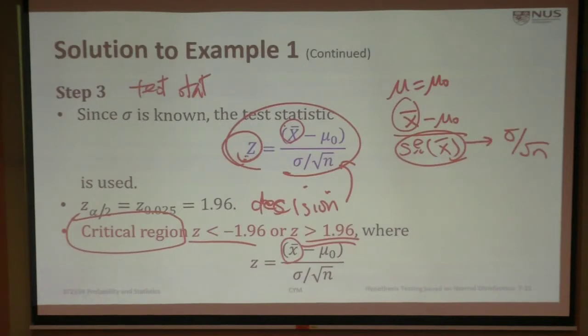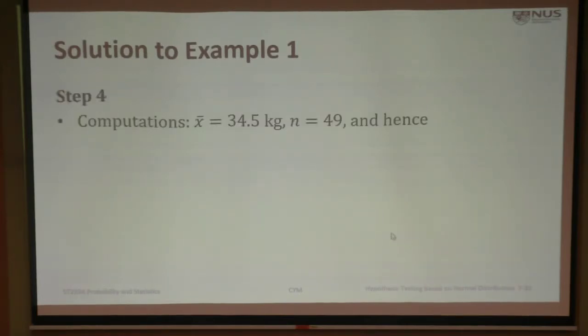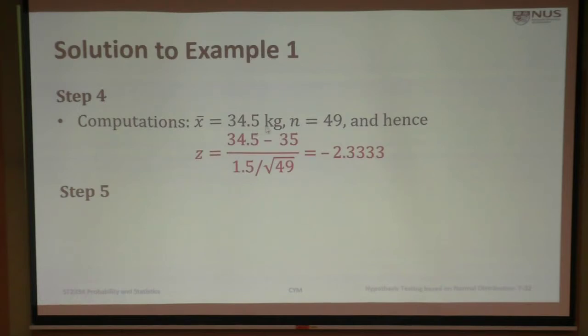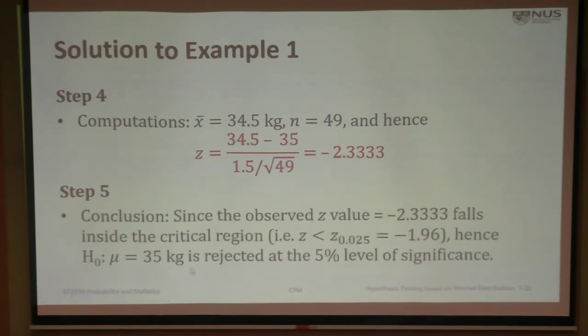Now I have the sample, I look at each value in the sample and calculate x bar, then check this Z. Step 4 is to do the calculations. With x bar equal to 34.5 and n equal to 49, I calculate that Z equals minus 2.33. This part is the computation. Step 5 is to make the decision.